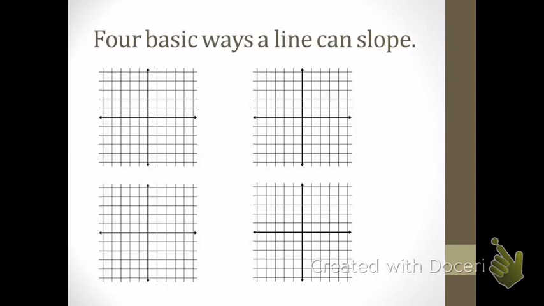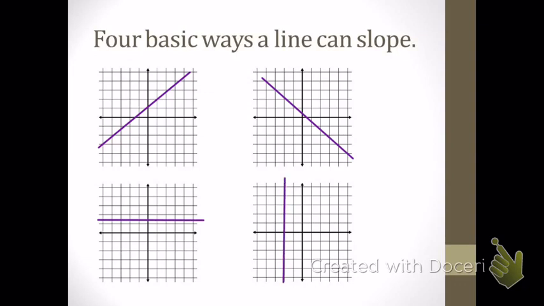On the coordinate grid, there are really 4 basic things that a line can do with regards to slope. Let's look at those. You can have a line that slants up as you move from left to right, or a line that slants down as you move from left to right. The other 2 things are a perfectly horizontal line, or a vertical line.